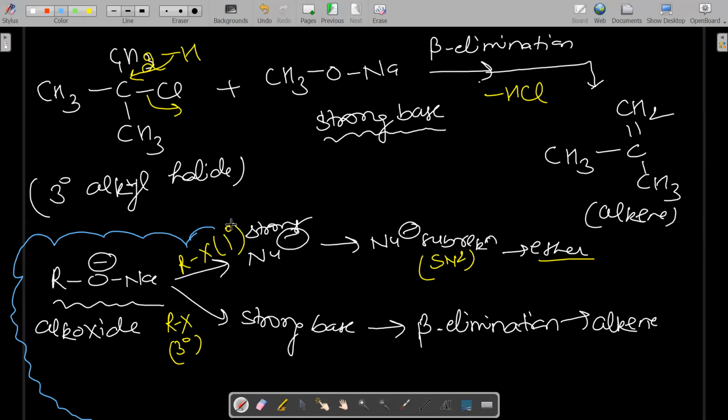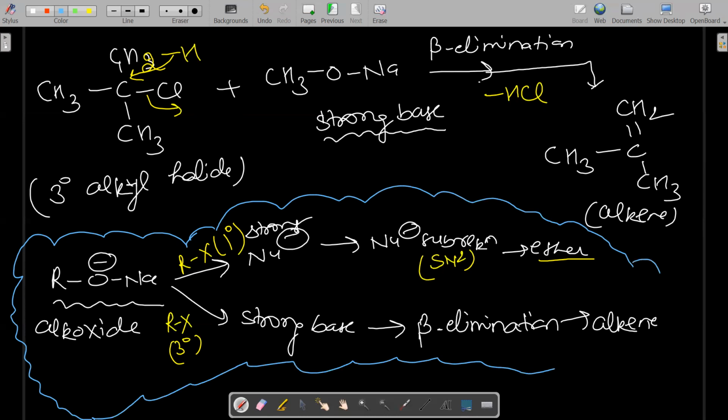So I think this concept is clear and it is a very, very important concept which you have to keep in your mind, right? Okay. So what I told, this alkoxide behaves as a nucleophile or as a strong base. It depends whether it is reacting with a primary alkyl halide or a tertiary alkyl halide.